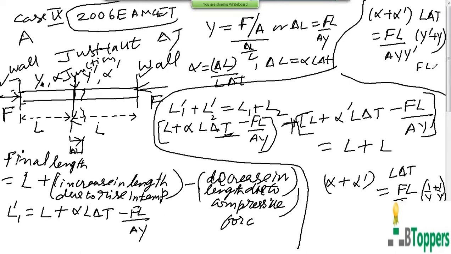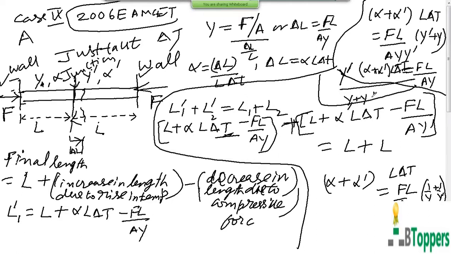So FL by AY... You need not copy this working. I'll show you the systematic notes in the next continuation. Just concentrate on listening. So you get Y dash into alpha plus alpha dash into L into delta T by Y plus Y dash.